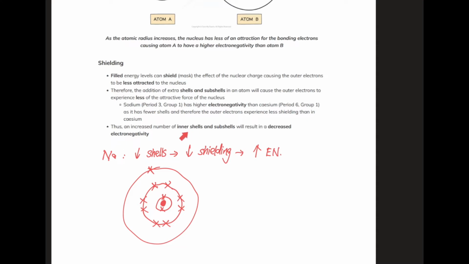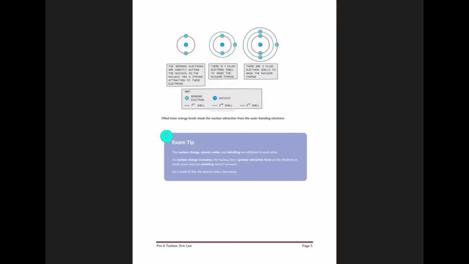So opposite effect again. An increase in shielding gives a decrease in electronegativity. Same situation as atomic radius, opposite effect also. The greater the atomic radius, the lesser the electronegativity. So we have three factors so far. Now let's move on.